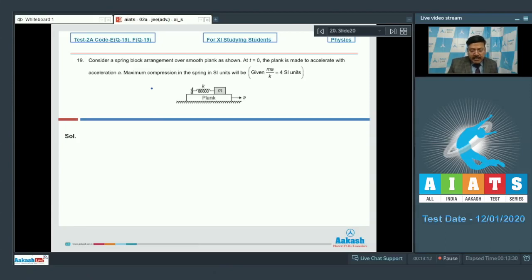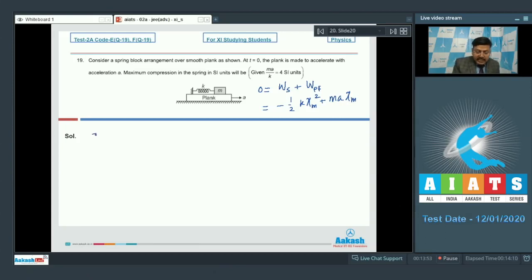So at maximum compression, the speed of the block with respect to the plank is 0. So we have change in kinetic energy which is 0, and this is equal to work done by the spring force plus work done by the pseudo force. Work done by the spring force is minus half k xm squared, and work done by the pseudo force will be ma xm, where xm is the maximum compression.